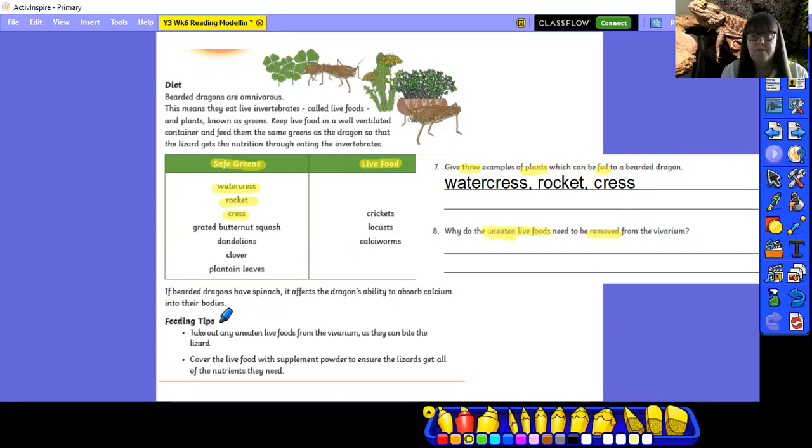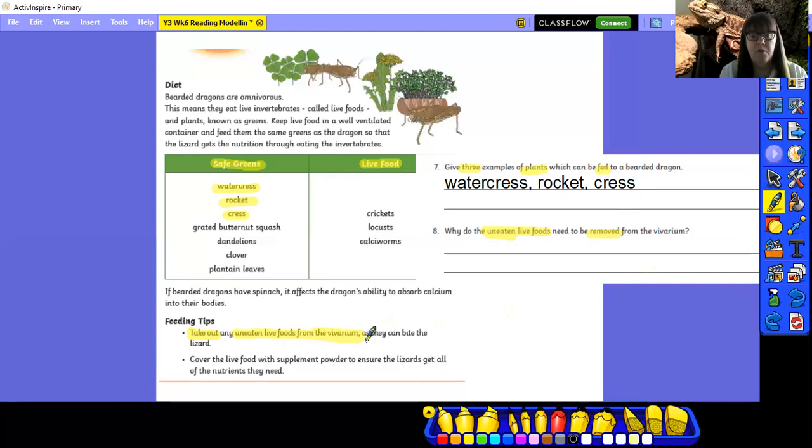Do we have our answer? Take out means removed, doesn't it? Take out is the same meaning as removed that was in my question. Uneaten live foods, there's my keywords that are in my question. In fact, from the vivarium, all of those are in my question, aren't they? As they can bite the lizard.